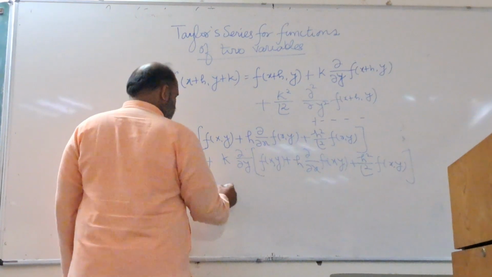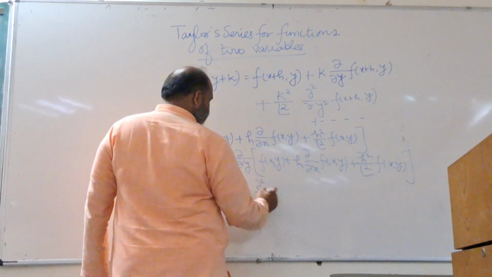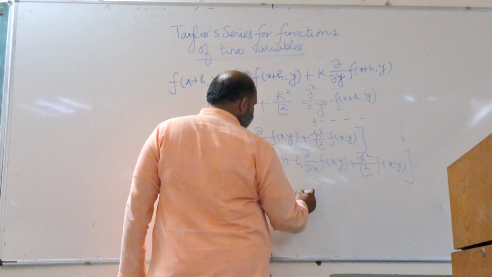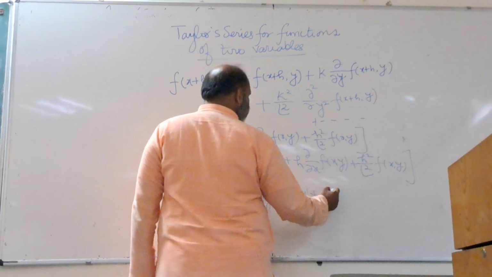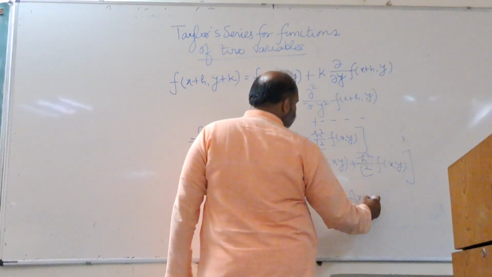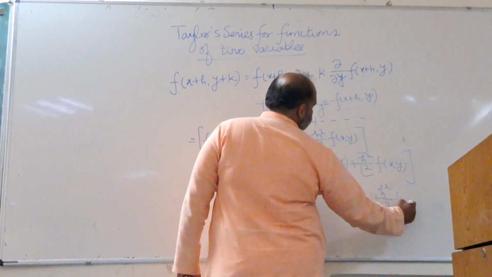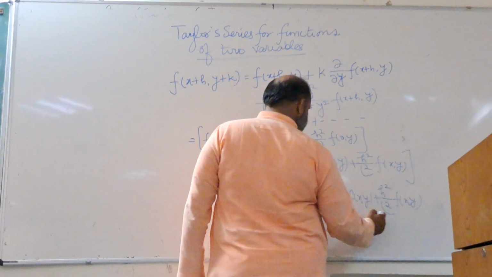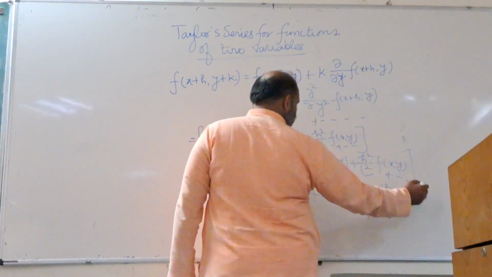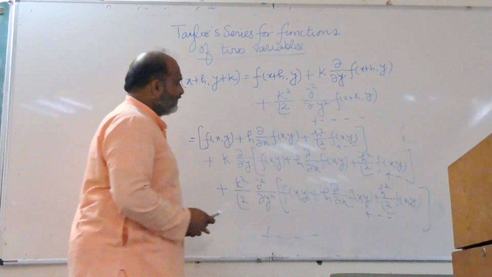Next term, plus k square upon factorial 2 del square over del y square of [f(x, y) plus h del over del x f(x, y) plus h square upon factorial 2 del square over del x square f(x, y)], and so on, and further terms will appear in a similar fashion.